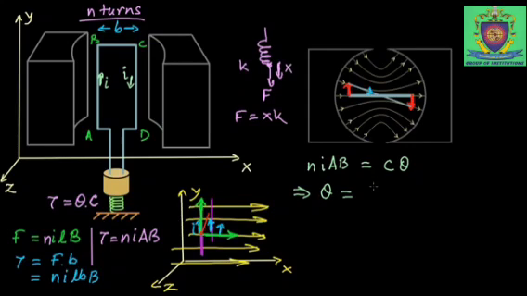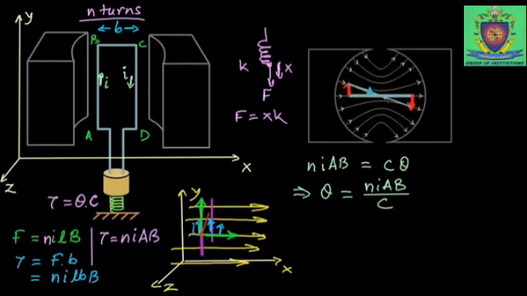Now let us calculate the deflection of the coil or the pointer which is rotating. So theta is equal to, I am writing theta and you are writing what that is, NIAB divided by C, where C is nothing but the restoring torque per unit deflection.